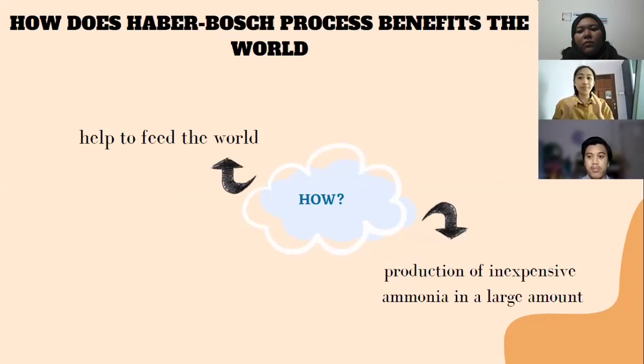Although atmospheric nitrogen is abundant, comprising 80% of the air, nitrogen is exceptionally stable, so it cannot react with other chemicals easily. Converting nitrogen into ammonia posed a challenge for chemists globally.